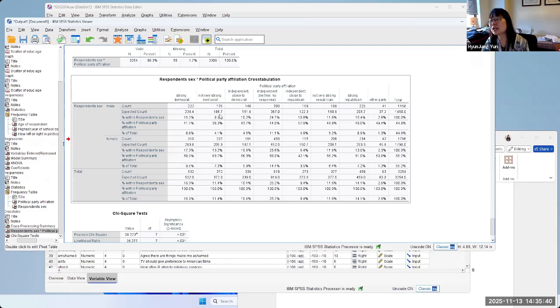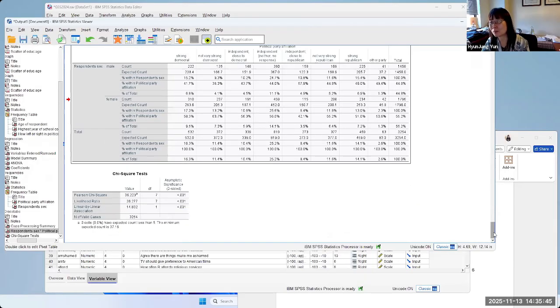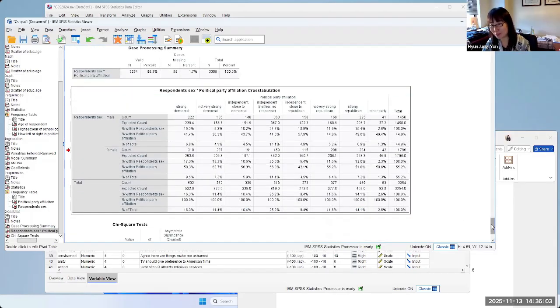That's good. So do not just try to read these numbers to make sense of them before you check the chi-square value. The chi-square value is 36, and look at the p-value. It is less than 0.05 and 0.01, so that means it is statistically significant that gender is related to party affiliation. It was confirmed. And now, in order to explain with more informative information, you can go to the pattern.